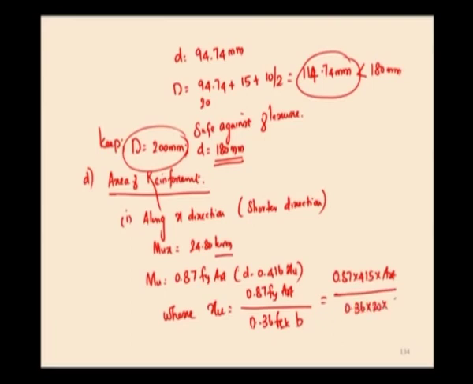We are normally considering 1 meter width of the slab, that is equal to 0.05 Ast. So, this has to be substituted in the moment expression, then we need to find out the area of reinforcement.